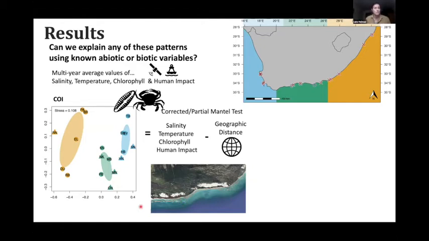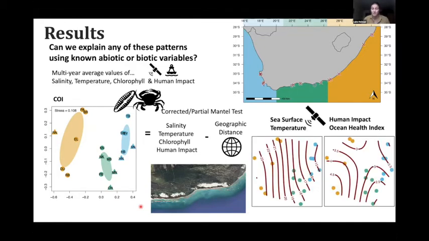And when you perform that analysis, what you see is that the observations we saw in the last slide to do with salinity and chlorophyll are mostly explained by geography rather than the variables themselves. So only sea surface temperature and this composite measure of human impact remain significant in this analysis.